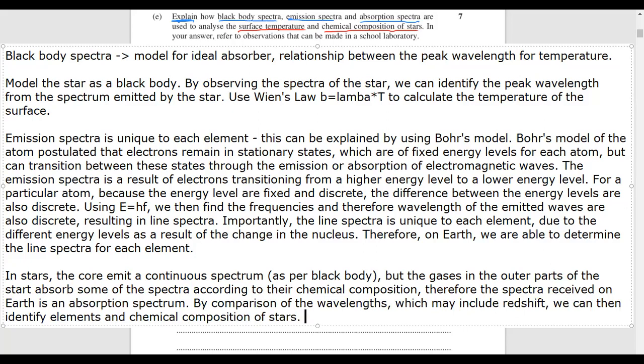Right? So basically, we talked about how black body relates. The black body basically relates to the core giving out a black body. And as a result, we can calculate surface temperature quite easily.